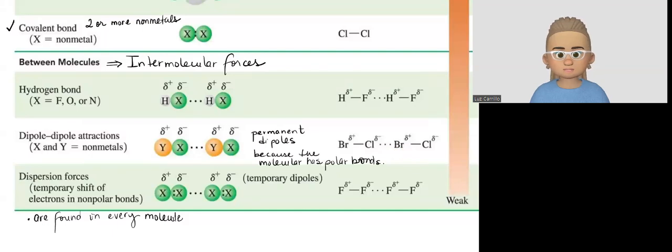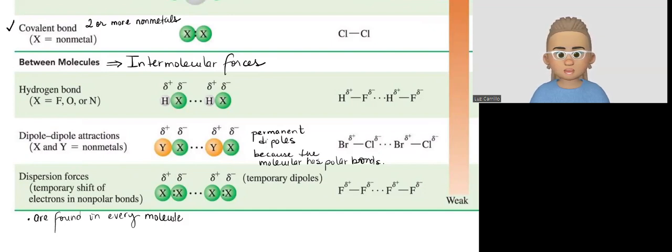Now, these partial charges come from the electronegativity difference between the two atoms, but it is important to note that in order to have dipole-dipole attractions, the molecule needs to have polar bonds or the molecule needs to be polar. Lastly, we have hydrogen bond.